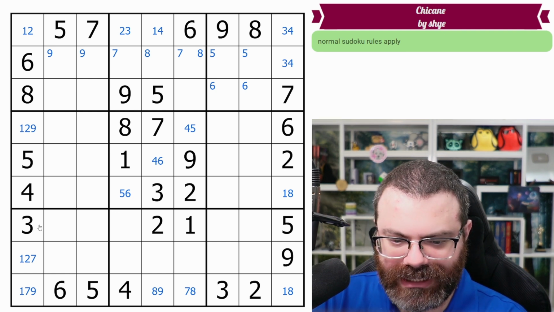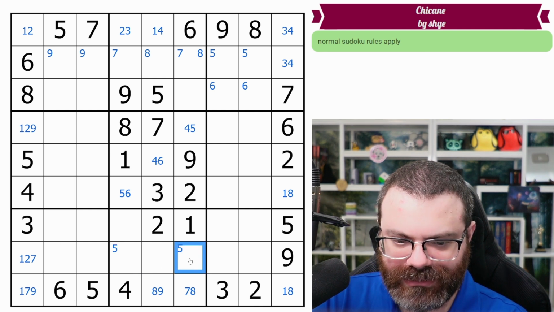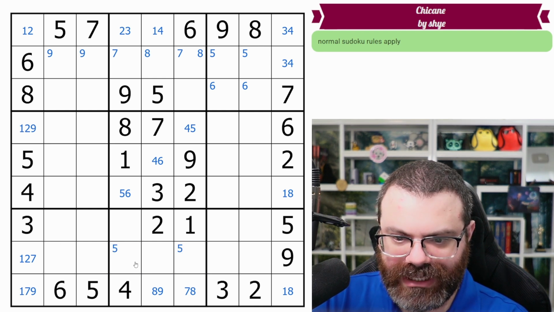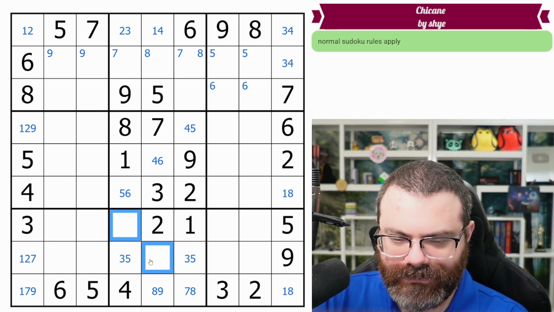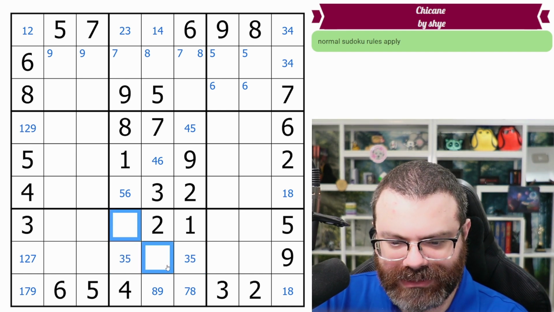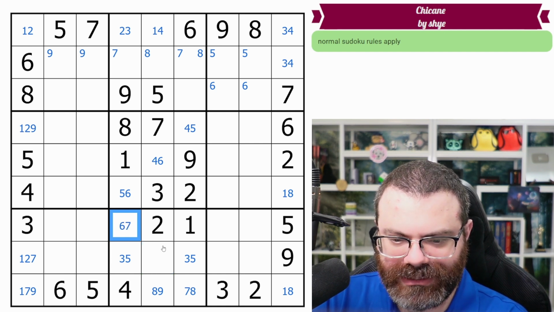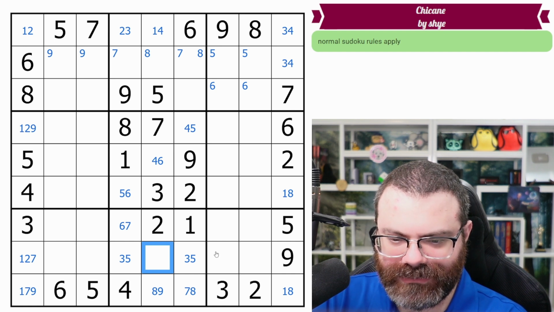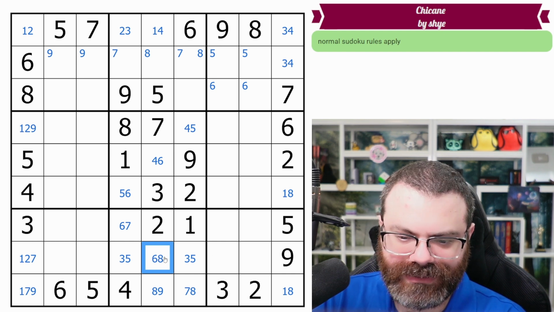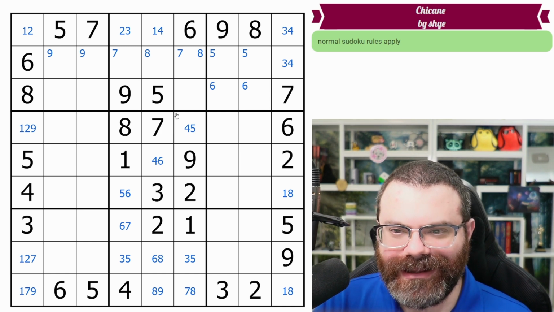Down here we've got 3, 5, 6. So the 5 is here. The 3 joins the 5. That's a hidden 3, 5 pair. What's that leave here? 6, 7, 8, 9? This isn't 8, 9, so this is only 6, 7. This isn't 7, 9. So this is only 6, 8. Interesting. We got a lot of bi values in this puzzle.